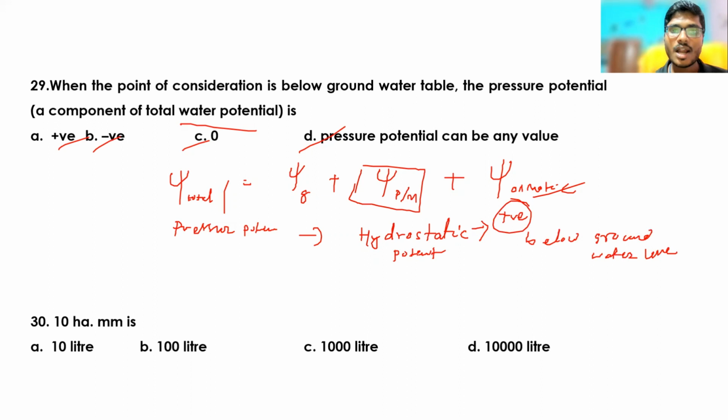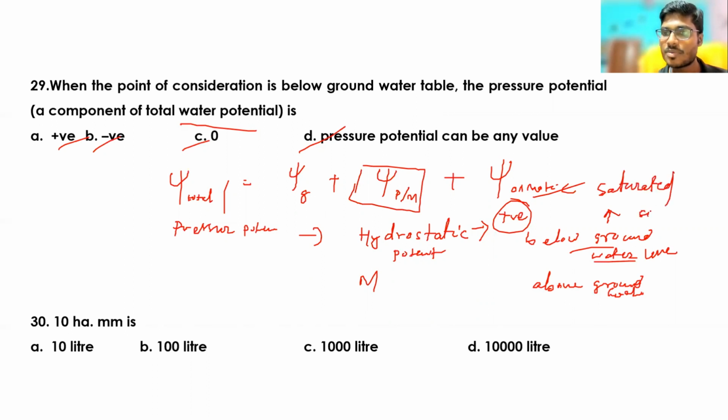Below the groundwater level means it is a saturated soil, all pores are filled. So in case of saturated soil, or when the point of consideration is below groundwater level, the pressure potential is known as hydrostatic potential and its sign is positive.